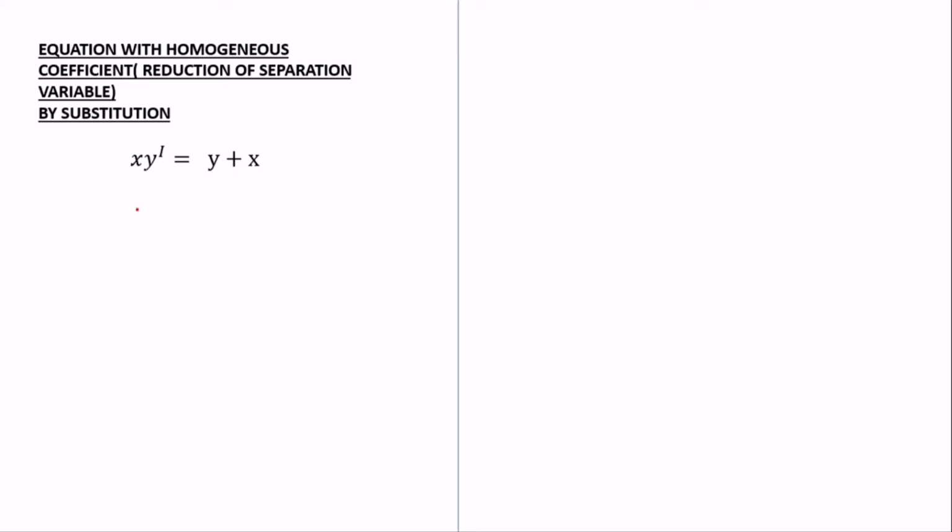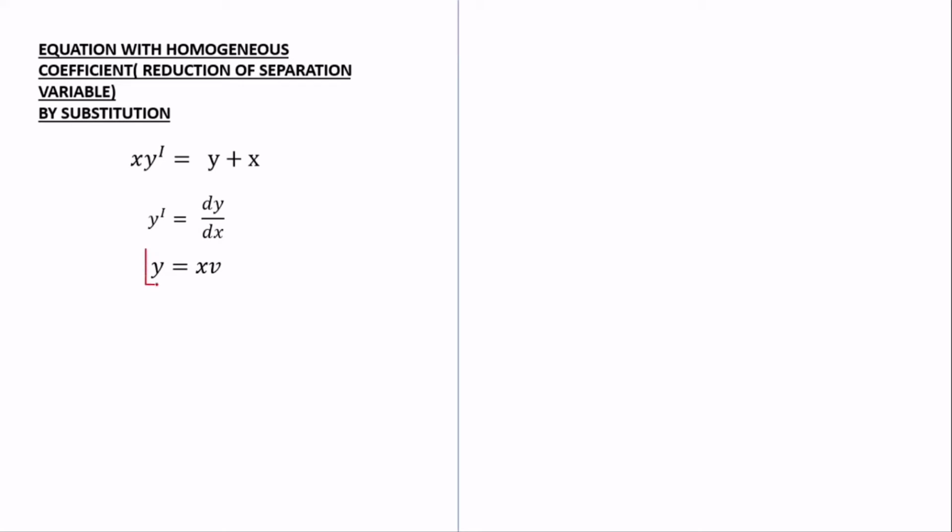So let's continue. What you are supposed to substitute, we'll talk about it. But before that, let's change the y prime to dy dx so that we wouldn't get confused. So now let's talk about what we are going to substitute.